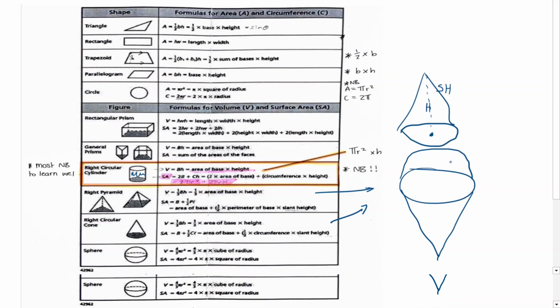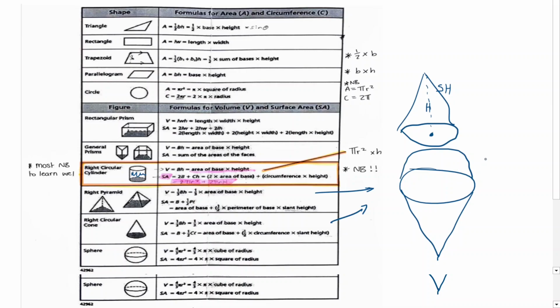And so you need to adapt the formula. And so just look out for instances where you have two shapes put together and you lose aspects of the original formula that you had.